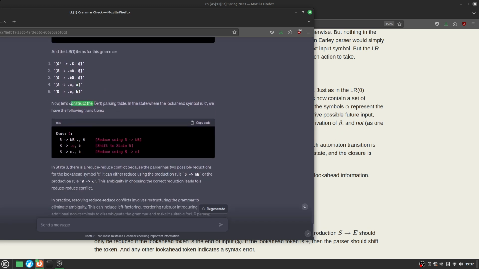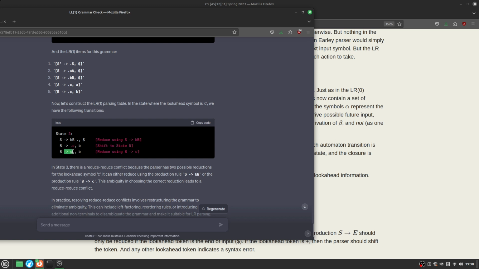Continue. Now let's construct the LR1 parsing table. In the state where the look-ahead symbol is C, we have the following transitions. So we've completed B. B tends to dot C. Shift to state 5.